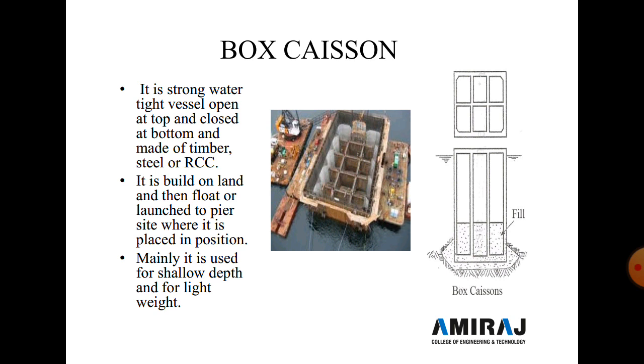It is built on land and then floated on water. After floating on the water, it is fixed in position and placed, and mainly it is used for shallow depth and for lightweight structures.